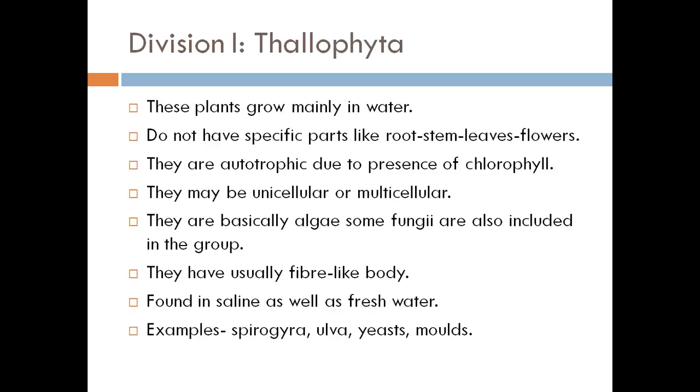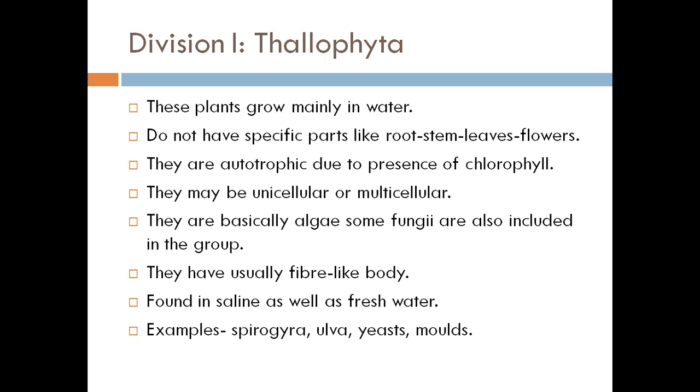So let us see first division 1, which is thallophyta. What are thallophyta and what are the properties of the thallophyta? First, these plants grow mainly in water. The plants which belong to the thallophyta division grow mainly in water. That means they are aquatic plants.